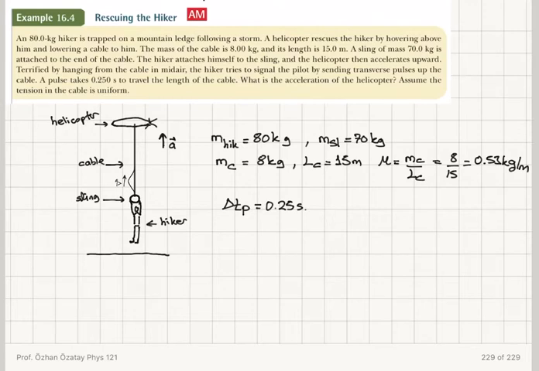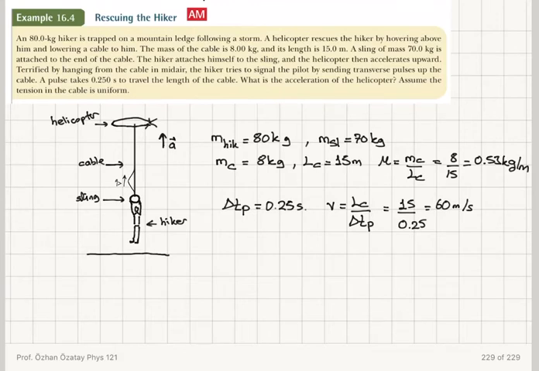Since the cable is 15 meters long, the propagation speed of the pulse should be equal to the length of the cable divided by the time it takes to reach the pilot. So this will be 15 divided by 0.25, which will be equal to 60 meters per second.